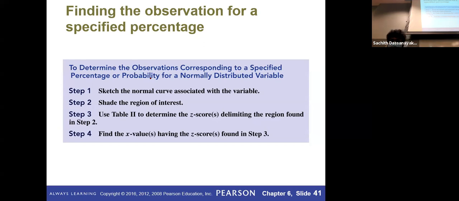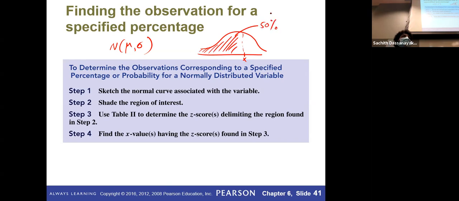The x value means, since this is a normal distribution with mu and sigma, I mean somewhere right here. This x value which covers 50% of my observations. 50 or 60 doesn't matter. Or let's say 60.